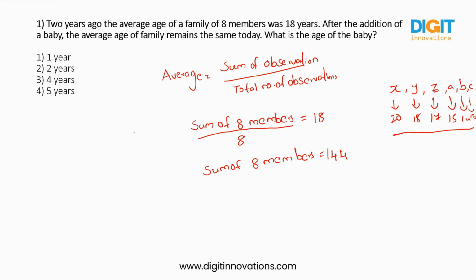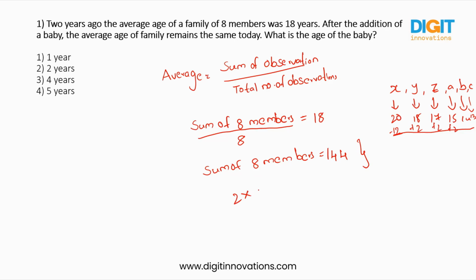And after the addition of a baby, the average age of the family remains the same today. What does today mean? It is the present, right? So 2 years have been completed, so plus 2, plus 2, plus 2 will be added to these 8 members.